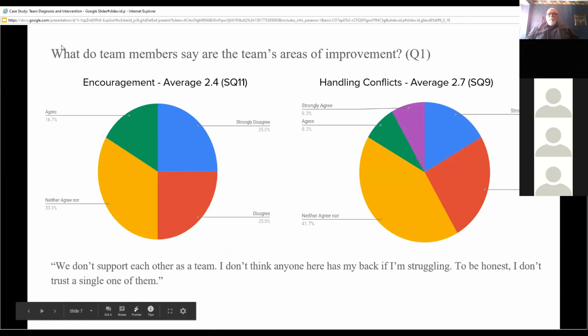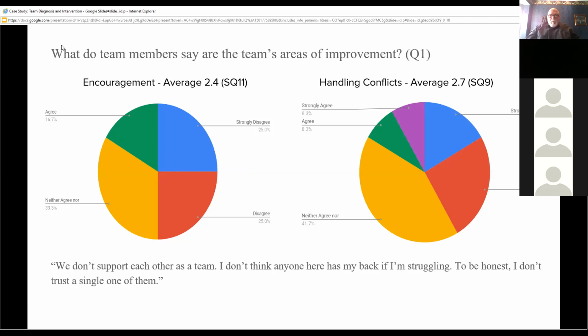The team's areas of improvement are encouragement and handling conflict. So we'll notice in survey question 11, there were several people that disagreed strongly or disagreed. As you can see in the pie chart, that's over half of the population that strongly disagreed or disagreed.